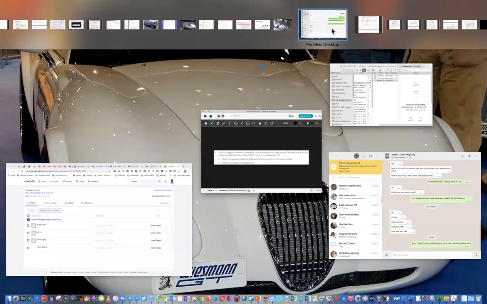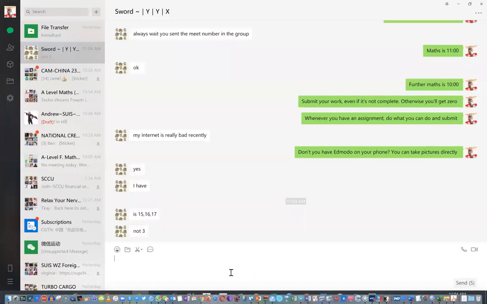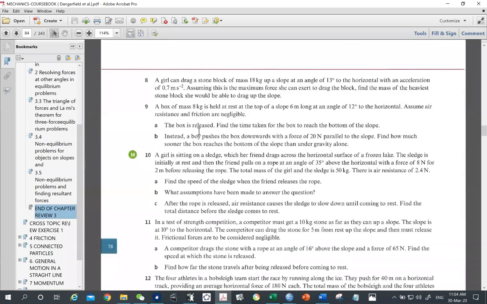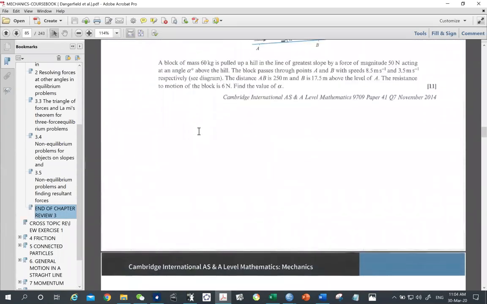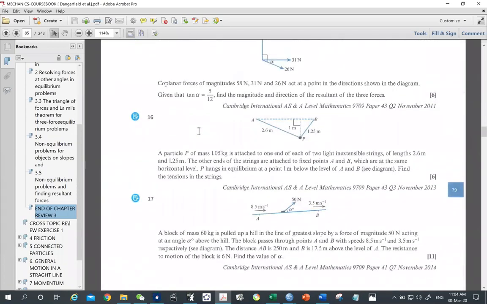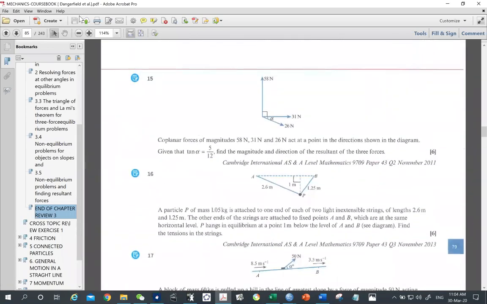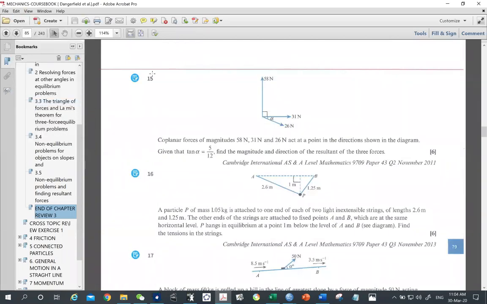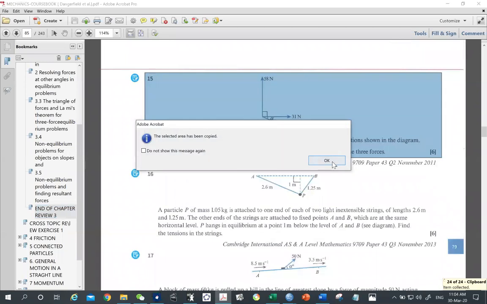Let me look at 15, 16, 17 for you, Sod. That is question 15.